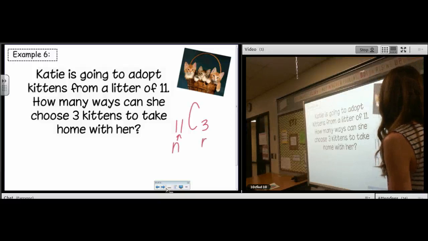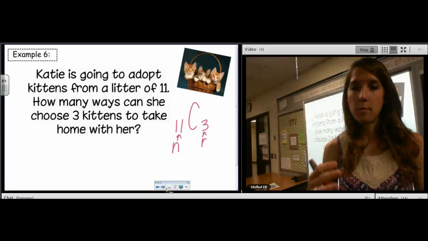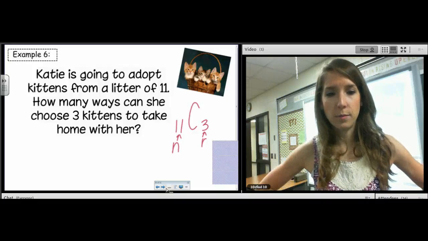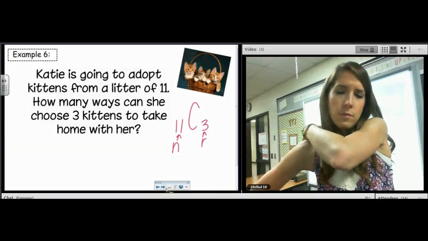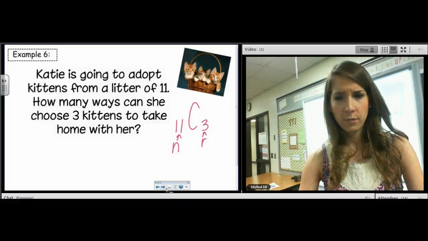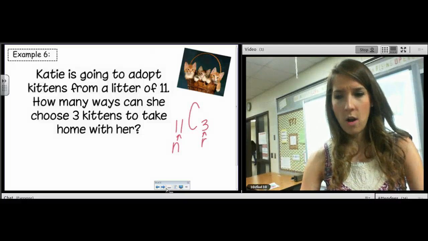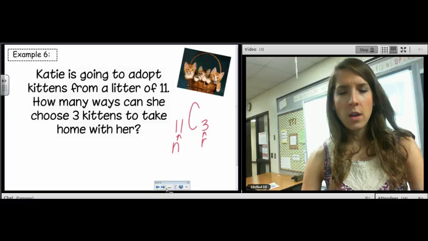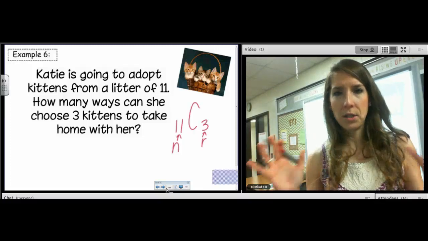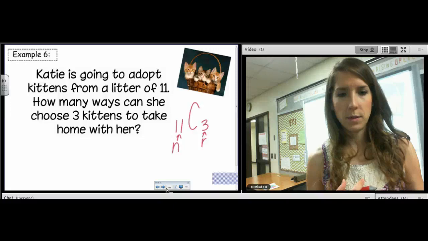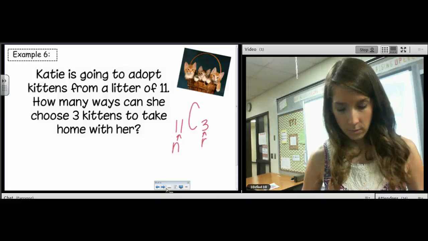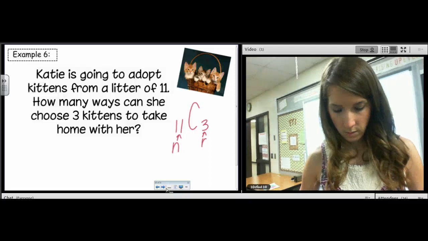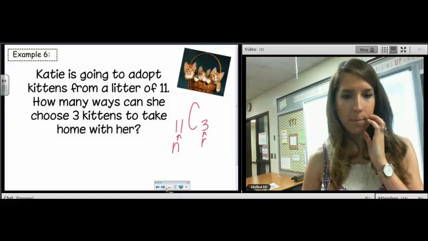Brandon, that's N and that's R. N is the number of options you have, and R is how many you want to choose. N is the first number and R is the second number. All right, so 11, math, probability, combination, 3, 165, yep.